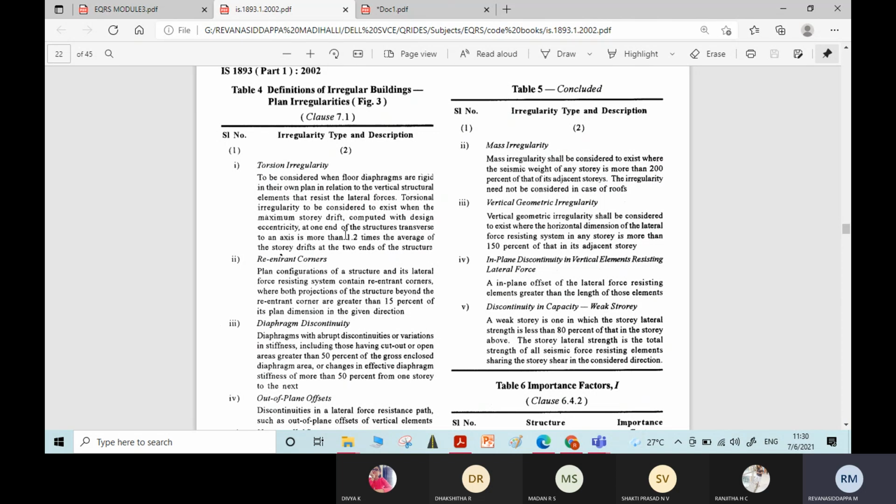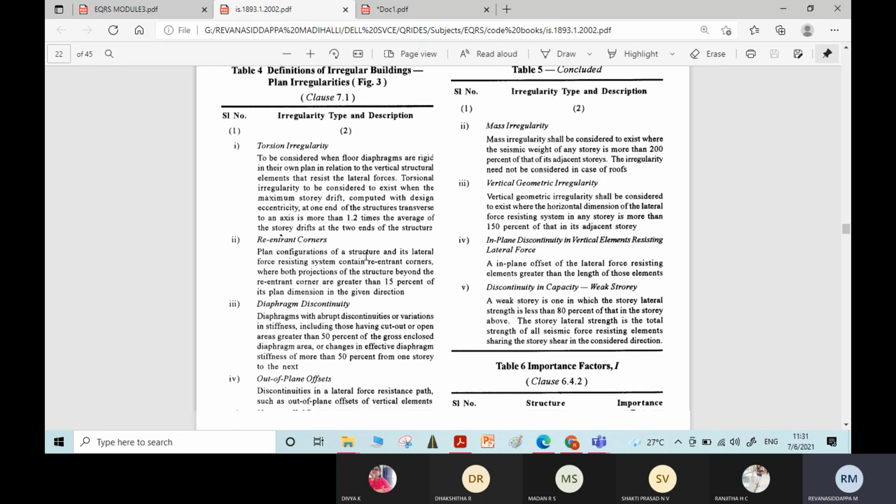A torsional irregularity is considered to exist when the maximum story drift computed with design eccentricity at one end of the structure transverse to an axis is more than 1.2 times the average of the story drifts at the other 2 ends of the structure.